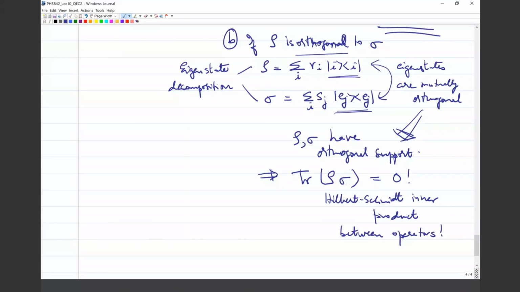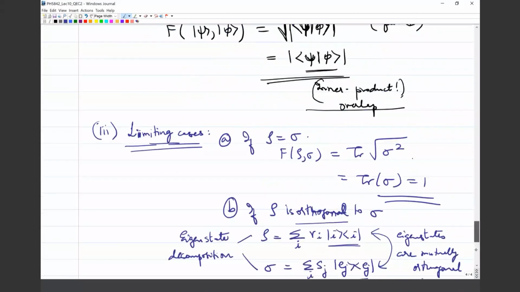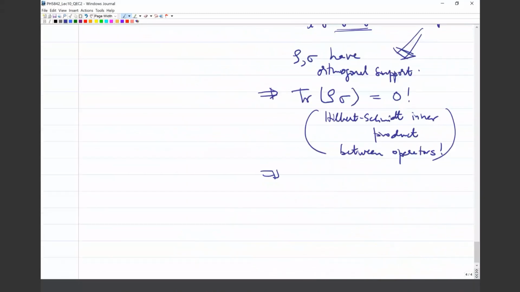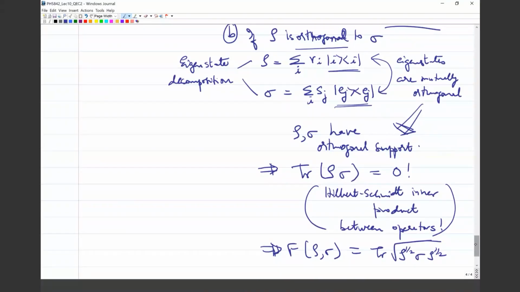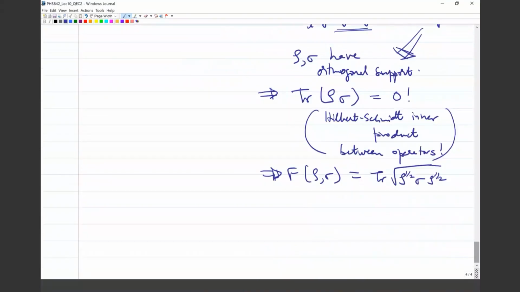So you see this measure, which is the trace of the square root. Therefore you will now agree with me that F of rho sigma, which is trace of the square root of rho to the half sigma rho to the half, you can rigorously show that this is 0 based on everything else that I've told you. And in fact, you can show that it is 0 if and only if rho and sigma are orthogonal.